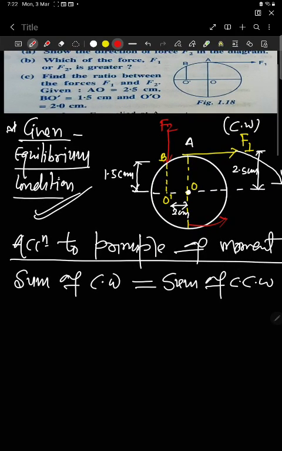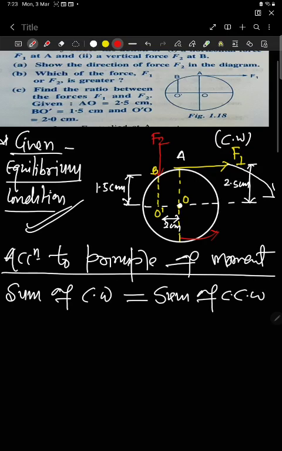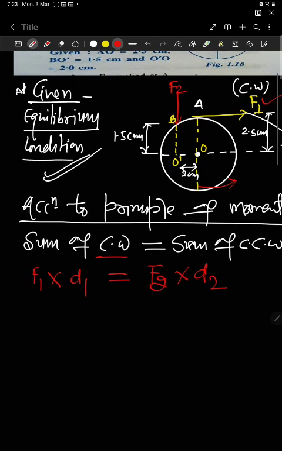Now let's write the formula for clockwise and anti-clockwise moment. F1 produces the clockwise moment, so we write F1 into D1 equals F2 into D2.